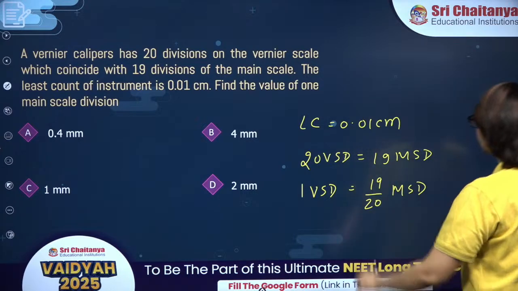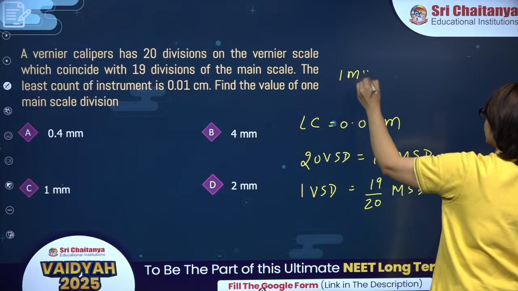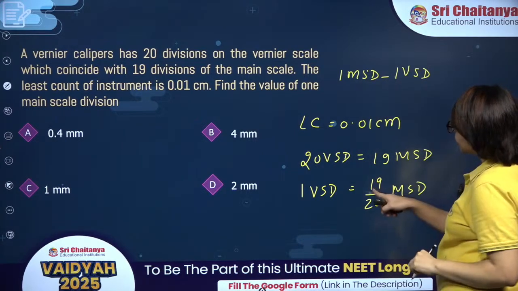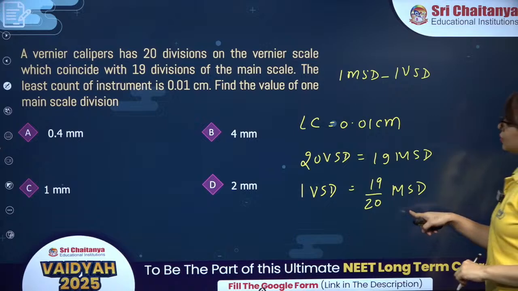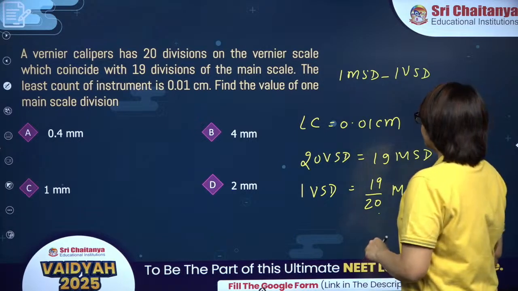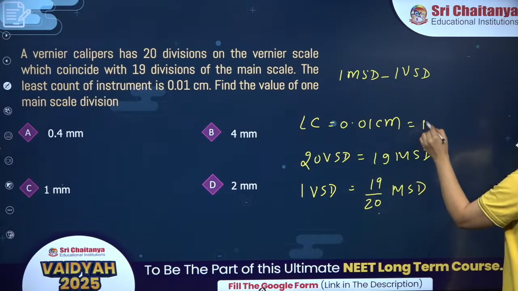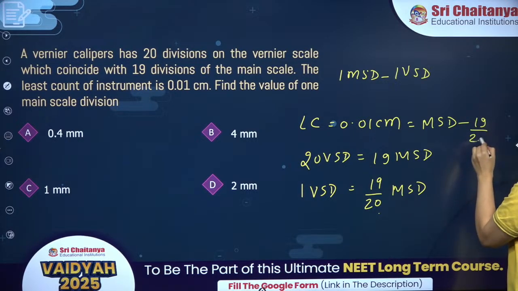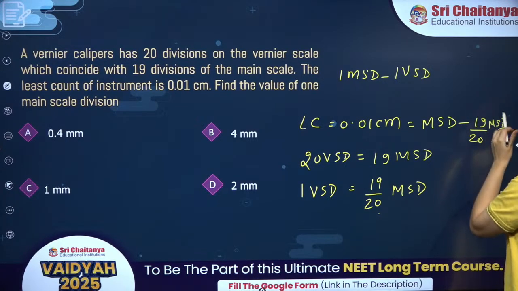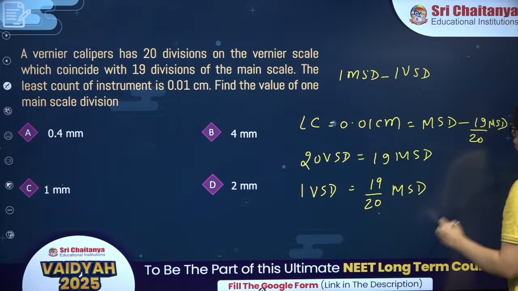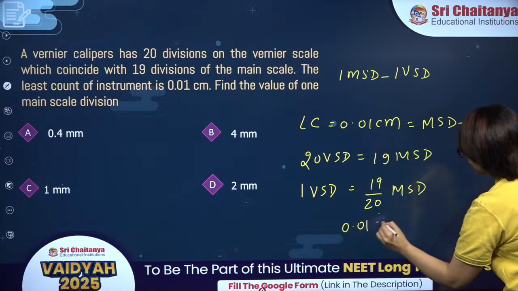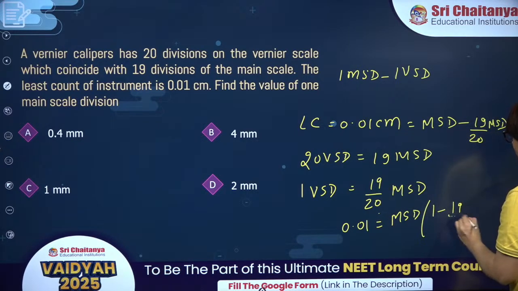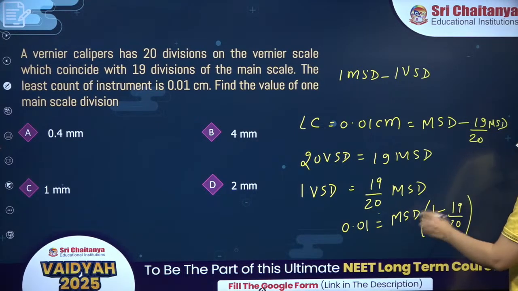What is least count? It is 1 MSD minus 1 VSD. So VSD is 19 upon 20 times MSD. So you just have to put it here. So least count is 1 MSD minus 1 VSD, which is 19 upon 20 MSD as per the question. So you can take MSD common. So we have 0.01 centimeter as main scale division times (1 minus 19 upon 20), which is 1 by 20 only.